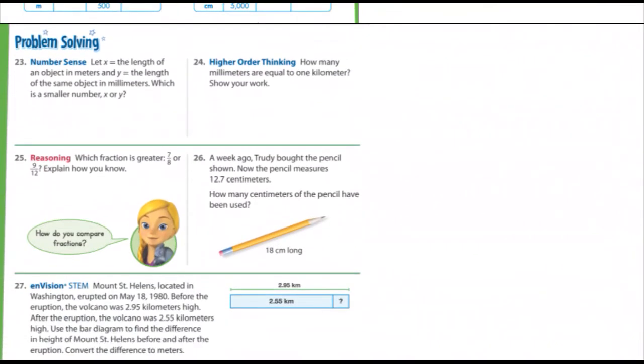Let's look at the problem solving really quick. Number 23, let x be the length of an object in meters, and y the length of the same object in millimeters. Which has a smaller number, x or y?